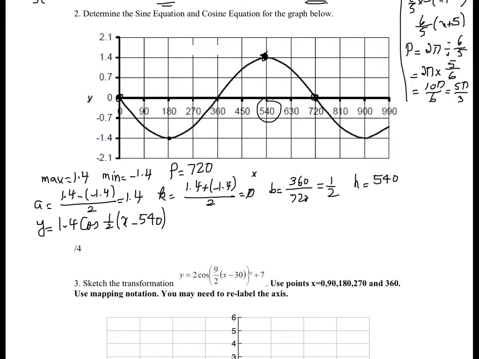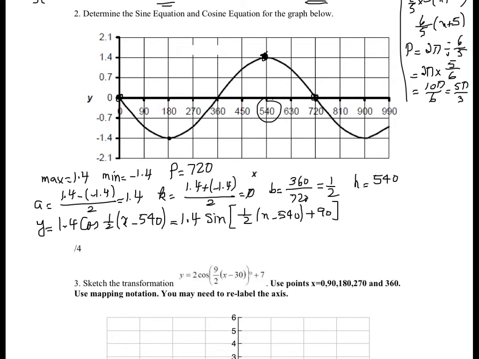Now, I also mentioned that if you add 90 degrees to the argument of the cosine, you get the sine representation. So this is equal to 1.4 sine of (1/2 (x minus 540) plus 90).